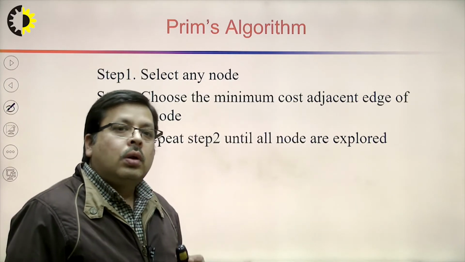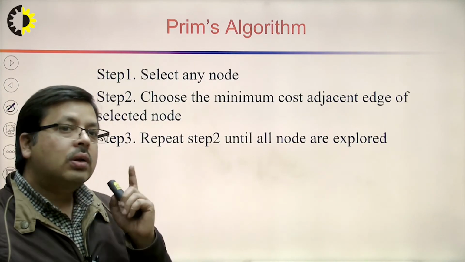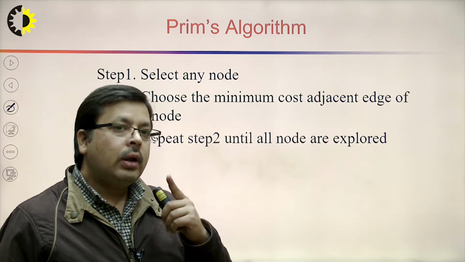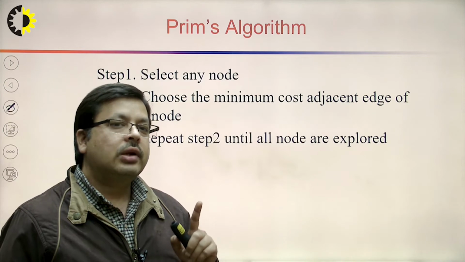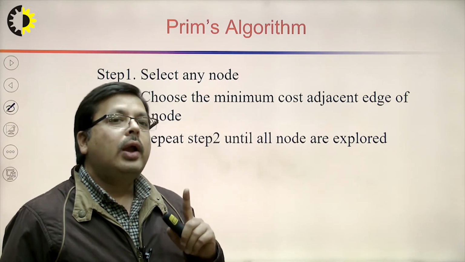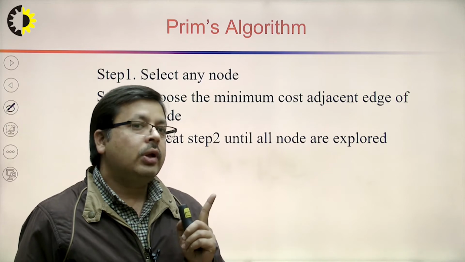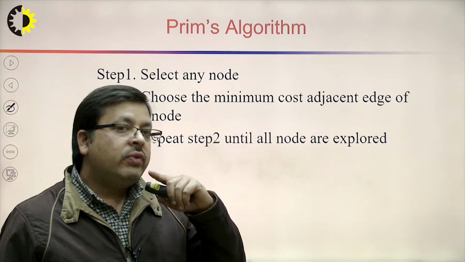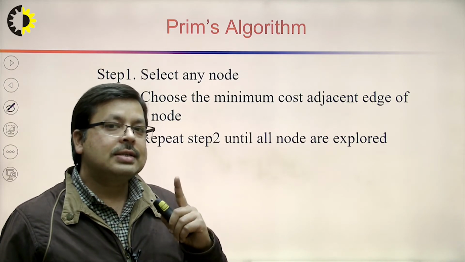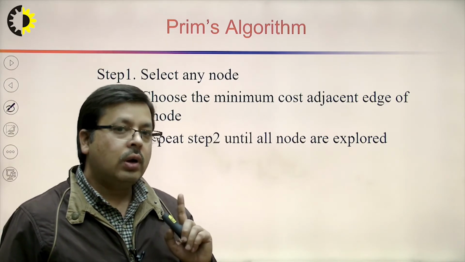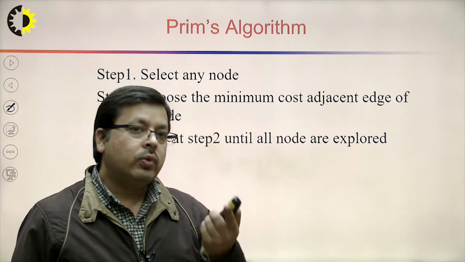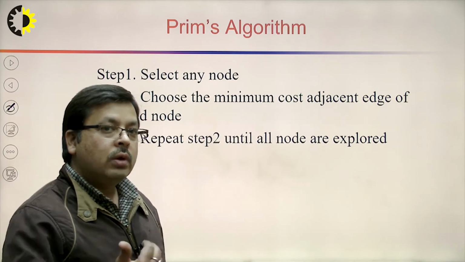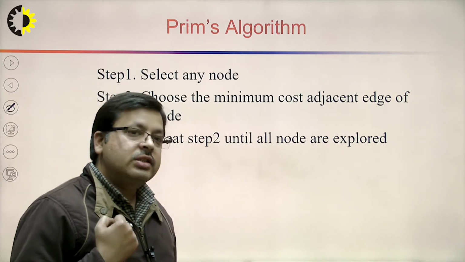Now, how does Prim's algorithm work? In Prim's algorithm, we are given a weighted graph, and we have to choose a particular node as the source vertex. We find the minimum cost adjacent edge of the selected node, and we continue to do this. Now let us see how Prim's approach does the work of finding the minimum cost spanning tree.